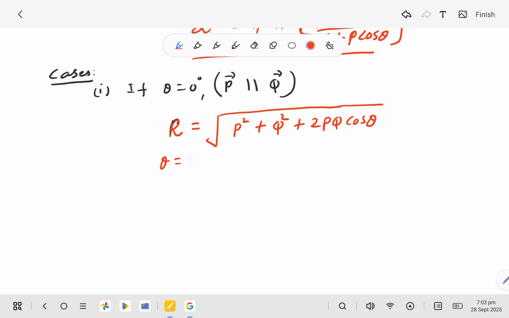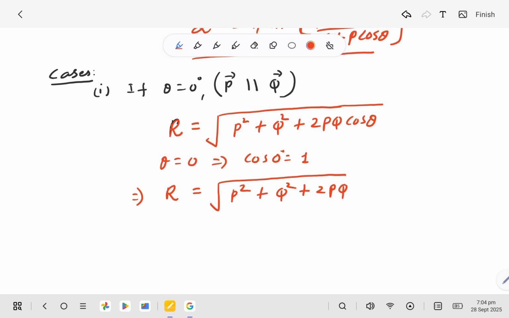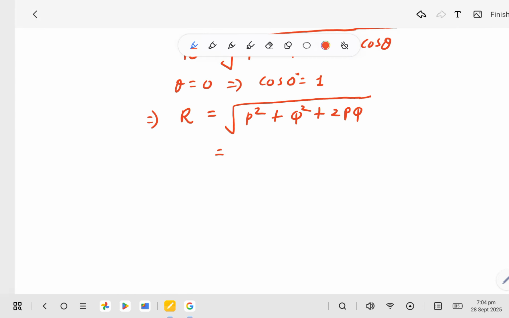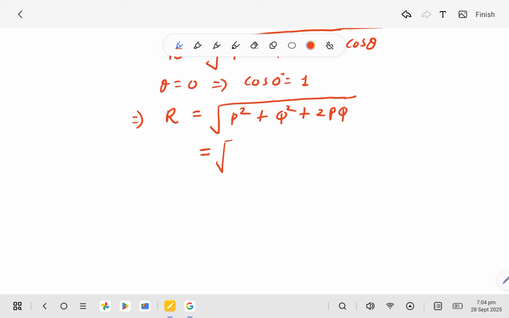Theta equals 0 means cos 0 equals 1. Then R will be P square plus Q square plus 2PQ, or we can write P plus Q whole square, then R equals P plus Q. So this is the magnitude.